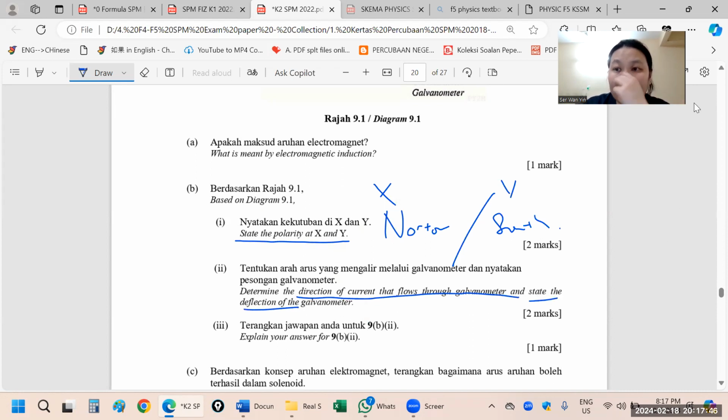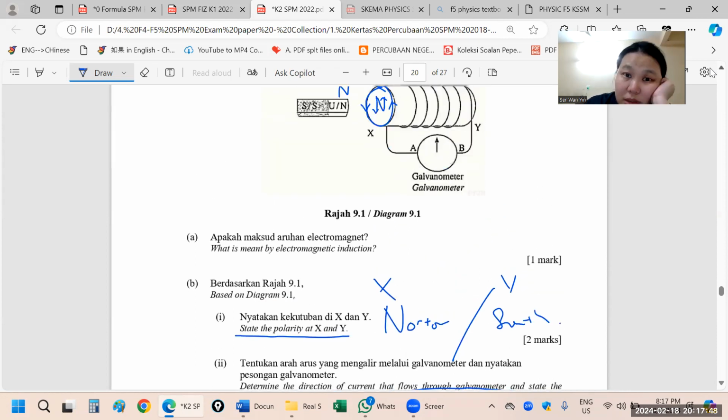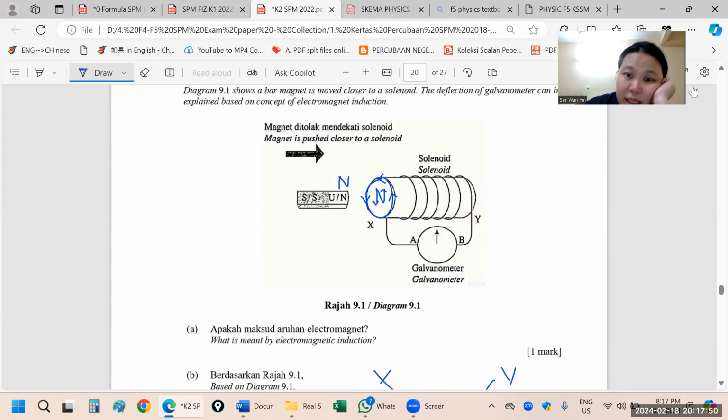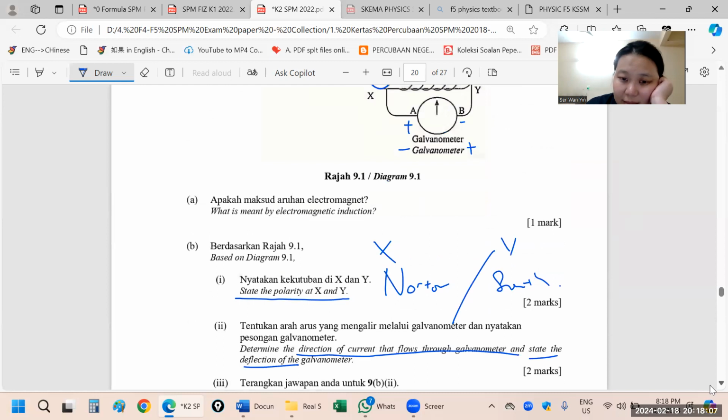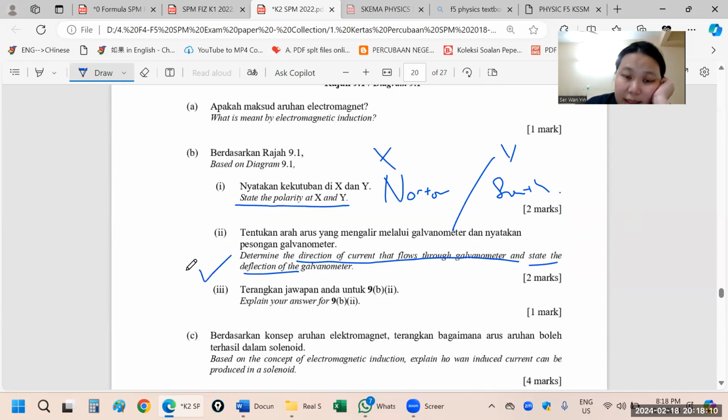This one we accept both sides, as long as it deflects. Because as I said, positive and negative, they didn't show. Since they didn't show, as long as you say deflect left or right, we also accept.